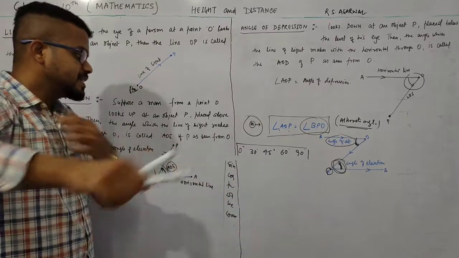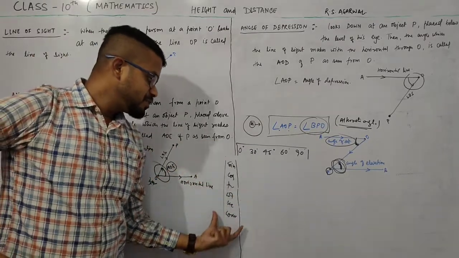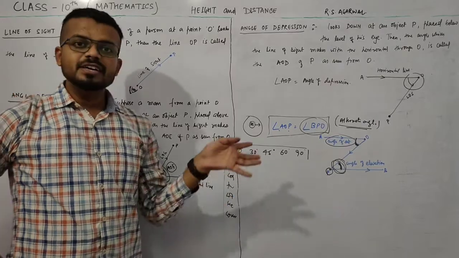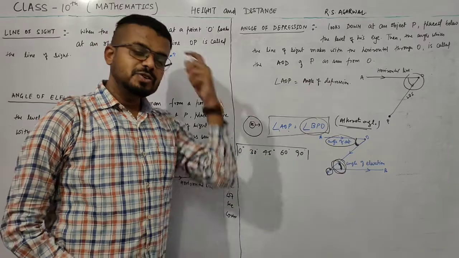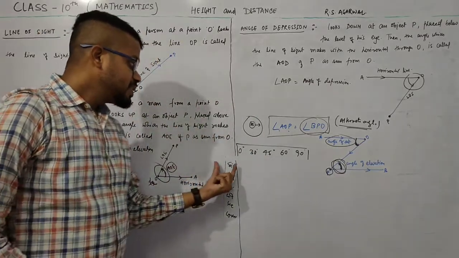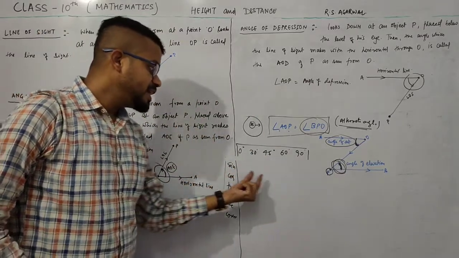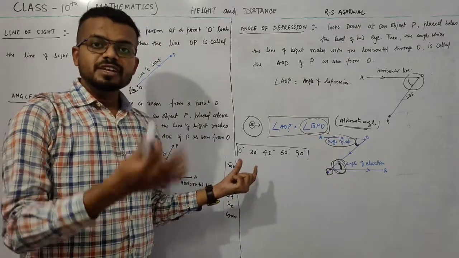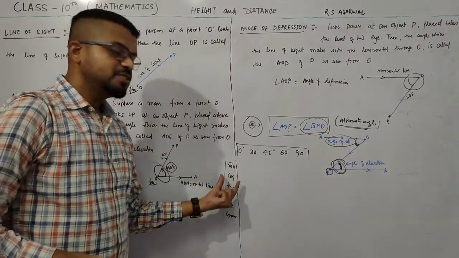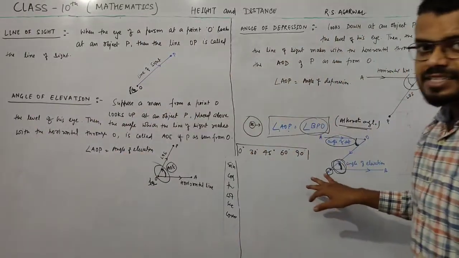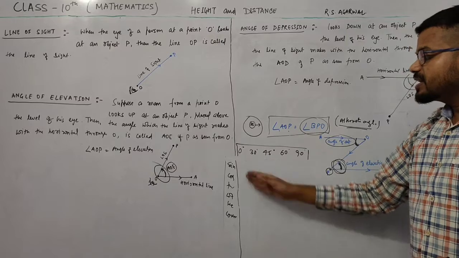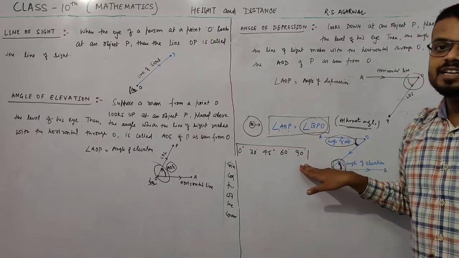But sometimes we forget these values while solving problems in this chapter. So in this video I also try to show how to get these values when you forget them. Here I simply explain these values of the trigonometrical ratios for these angles.